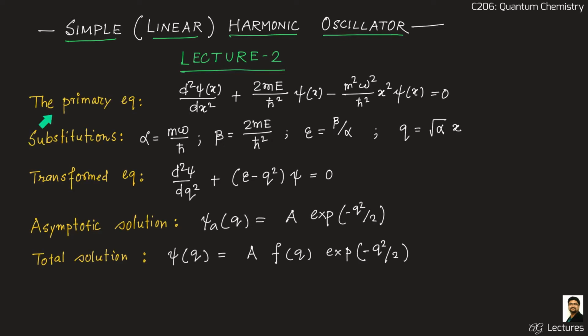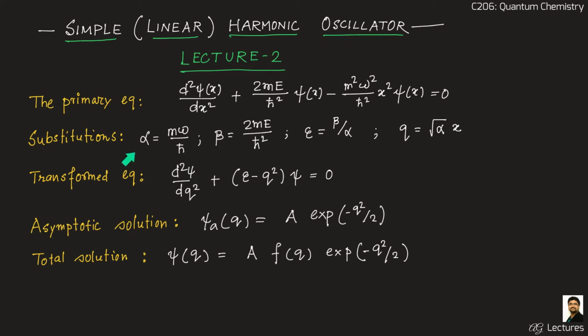So we got the primary equation for the space part of the simple harmonic oscillator, given by this equation, where we defined certain symbols, like for example m is the mass of the particle, omega is the frequency of oscillation, etc. And then we did certain substitutions.